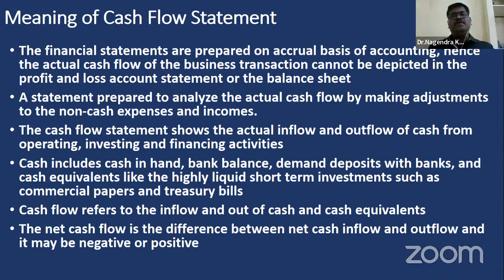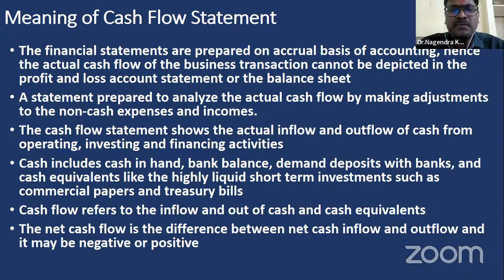Now we will try to understand the flow of cash from different segments. We will categorize activities into different categories, which we did not do in the funds flow statement. The cash flow statement shows the inflows and outflows of cash, and we will see from which activities the cash has actually come.